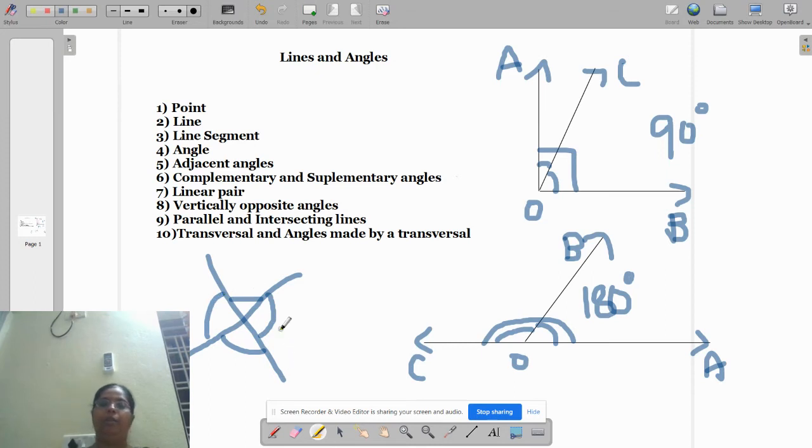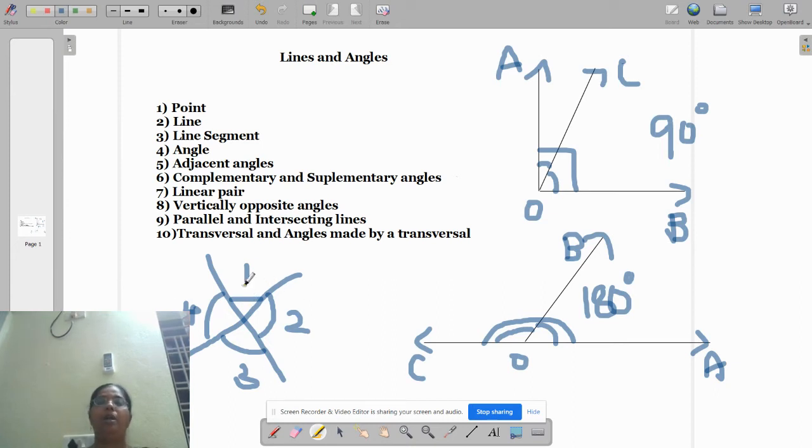See, this is 1, 2, 3, 4. So when two line segments intersect each other, they form four angles.